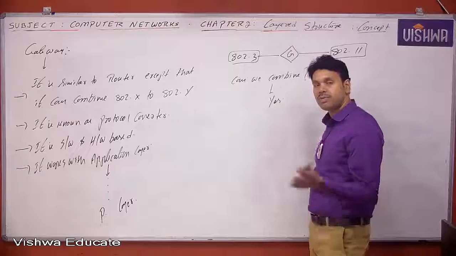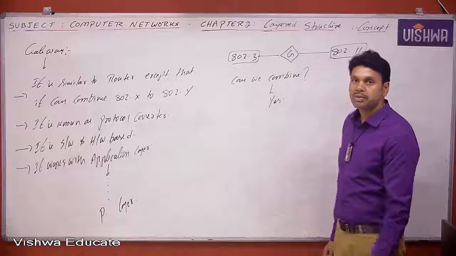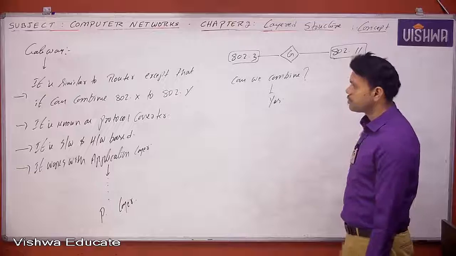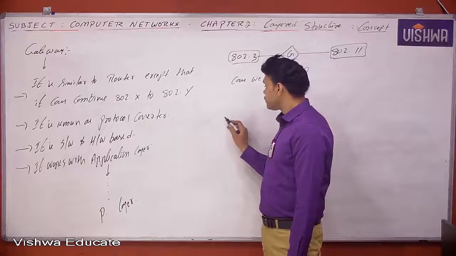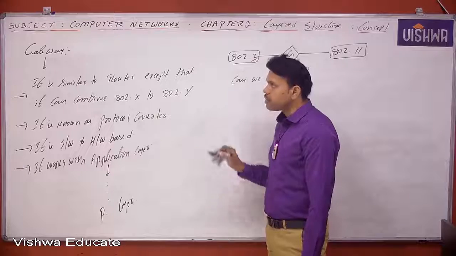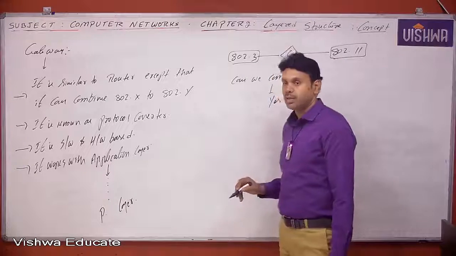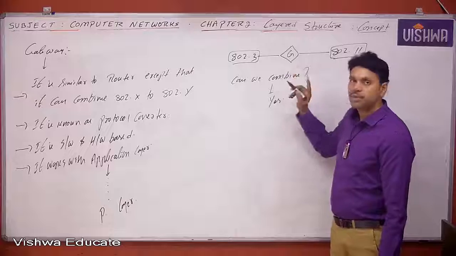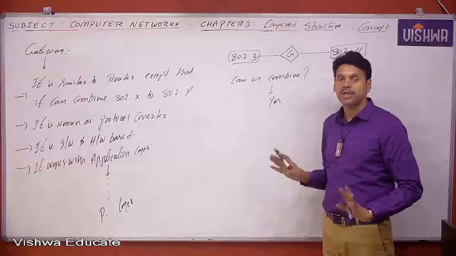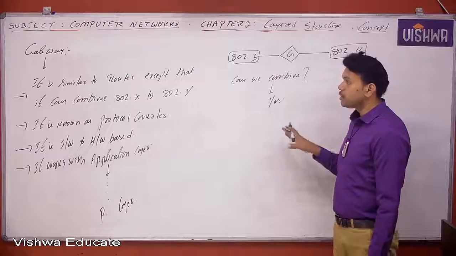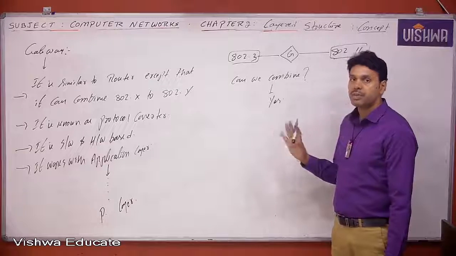Any format to another format, it can combine. That is the concept of a gateway. I think you got the difference between gateway and router. A router cannot do this, because a router can do same format to same format LAN integration, but a gateway can do any format to any format.